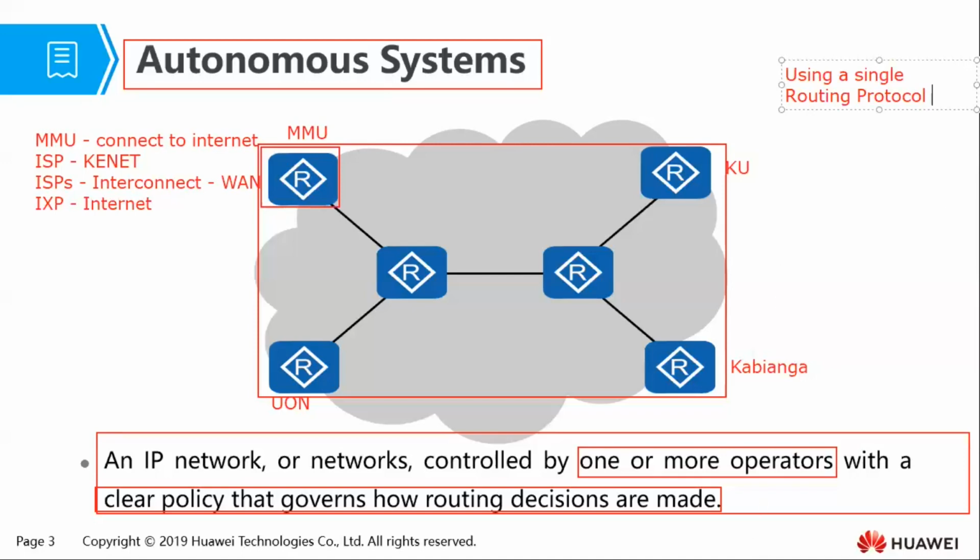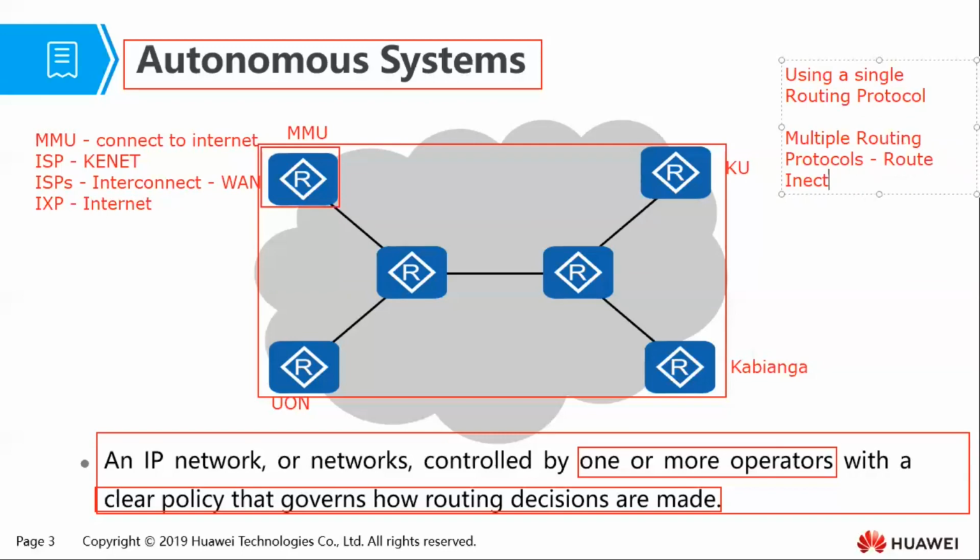So I said that a few years ago, it meant using a single routing protocol. But nowadays, within the same autonomous system, you can use multiple routing protocols. And you can use a feature we call route injection.